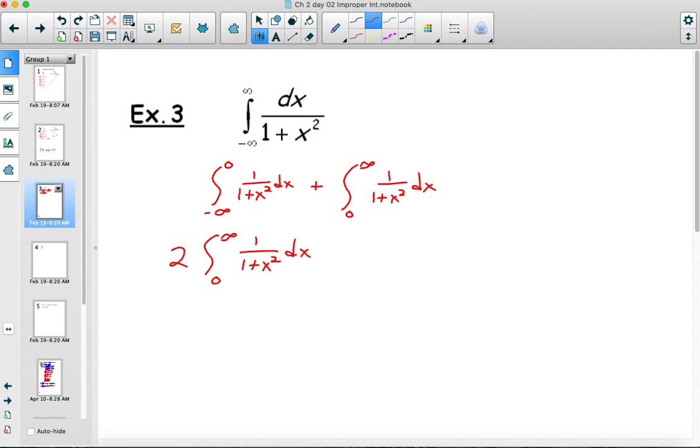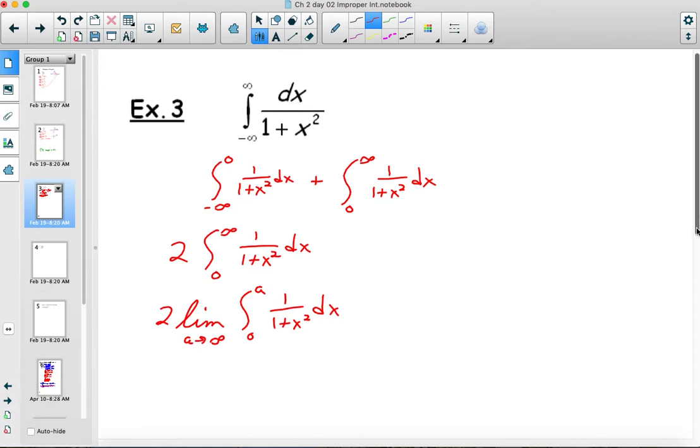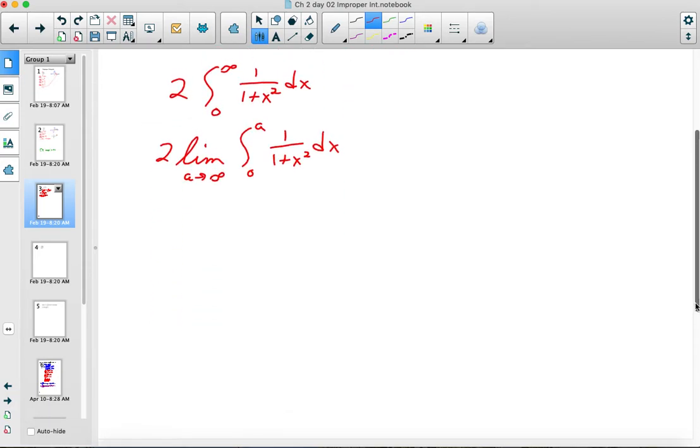And now I'm going to use a limit, so it's going to be 2 times the limit as a approaches infinity of the integral from 0 to a of this function. Now, what's the antiderivative of this function? Do you remember that one? Well, hopefully you realize that that's an arctan.